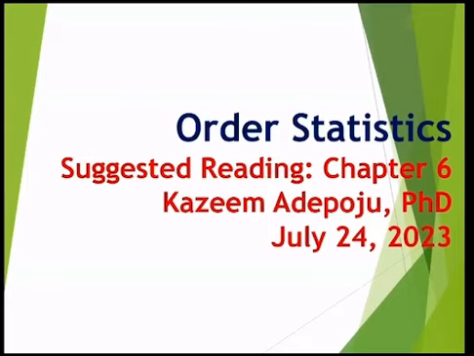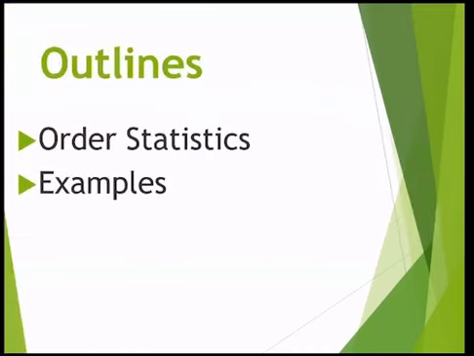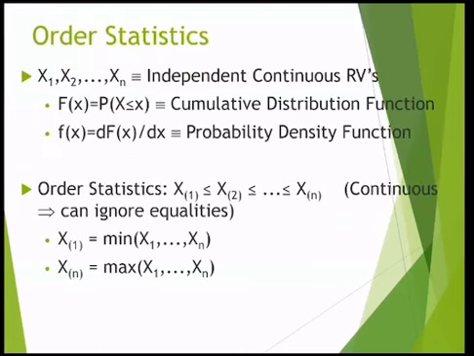We call this order statistics. In the outline, I'm going to walk you through the concept of order statistics and also an example. But let me tell you this, just like what I've been doing from day one: what is the significance of order statistics in real life? Why do I need to pursue order statistics?